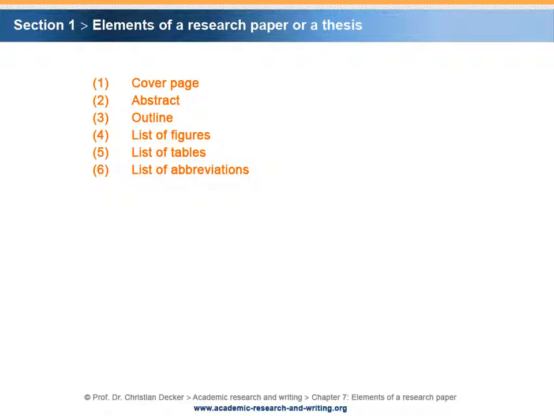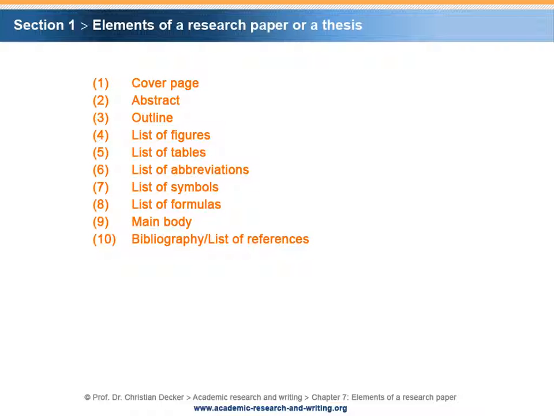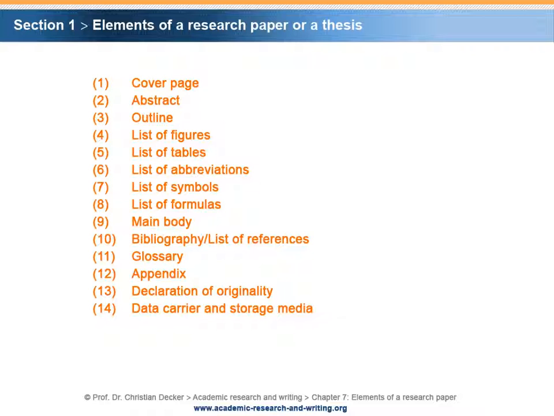These elements are the cover page, the abstract, the outline, the list of figures, the list of tables, the list of abbreviations, the list of symbols, the list of formulas, the main body, the bibliography and the list of references, the glossary, the appendix, the declaration of originality, and the data carriers or storage media.